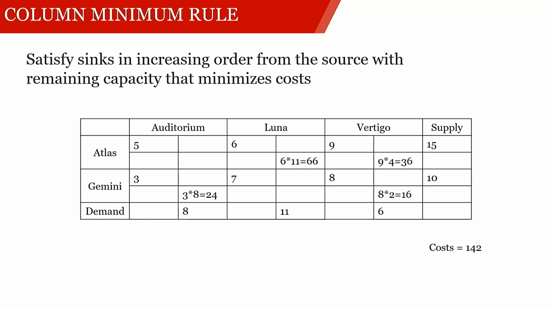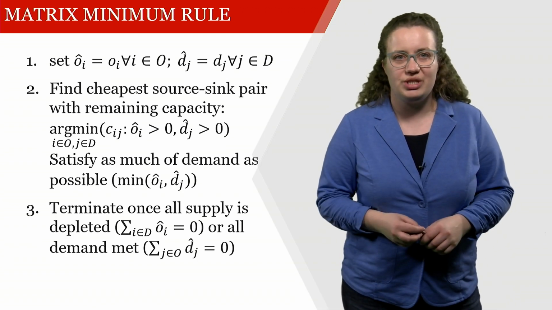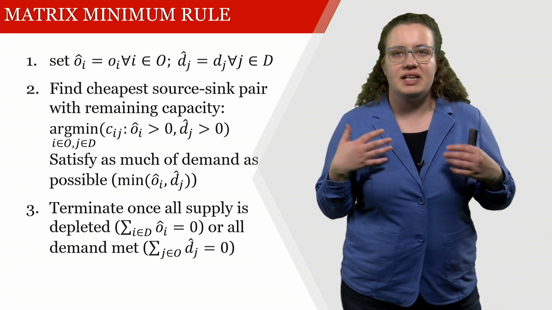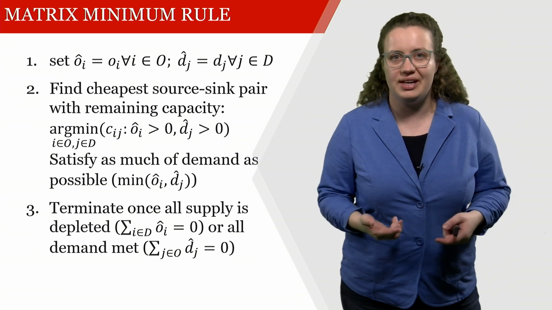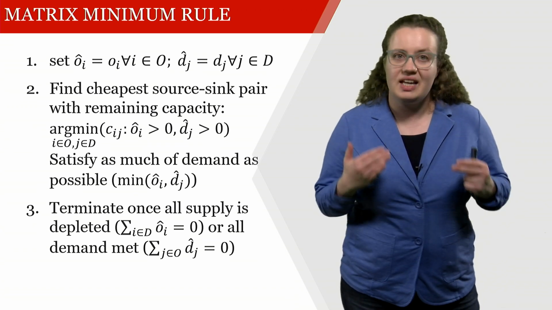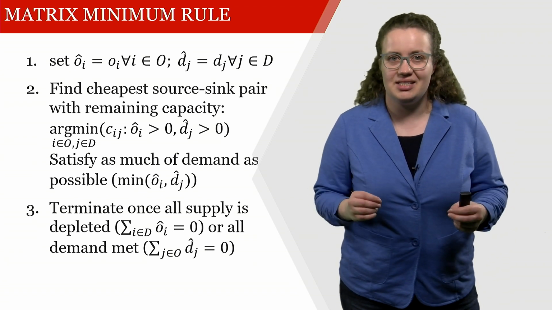So now let's move on to the third heuristic, which is the matrix minimum rule. Once again, the description of the heuristic actually doesn't look too different. We first set the counters for supply and demand to the actual values. But then in the second step, we find the cheapest source-sink pair with remaining capacity.